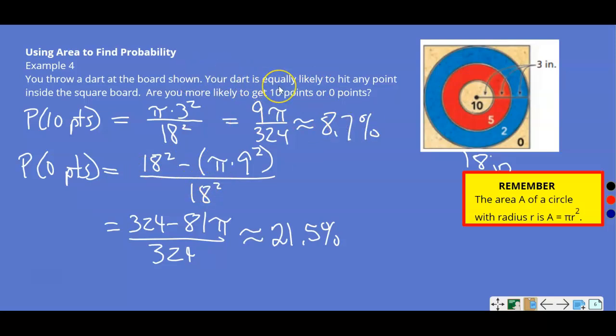But in this case, it says each point is equally likely to be hit, so this would be the formula to figure out which one would be more likely to land on. And again, you'd be more likely to land on the 0. These outside portions here have a bigger area than this inside area here.